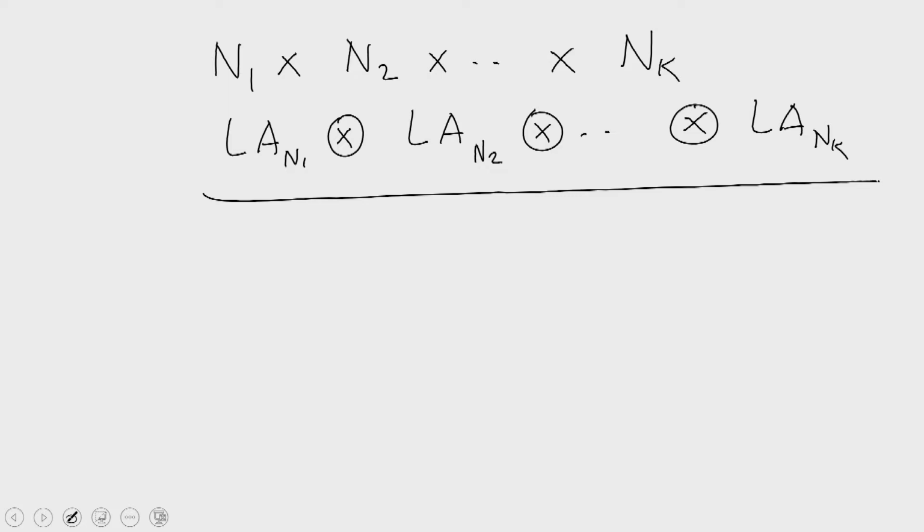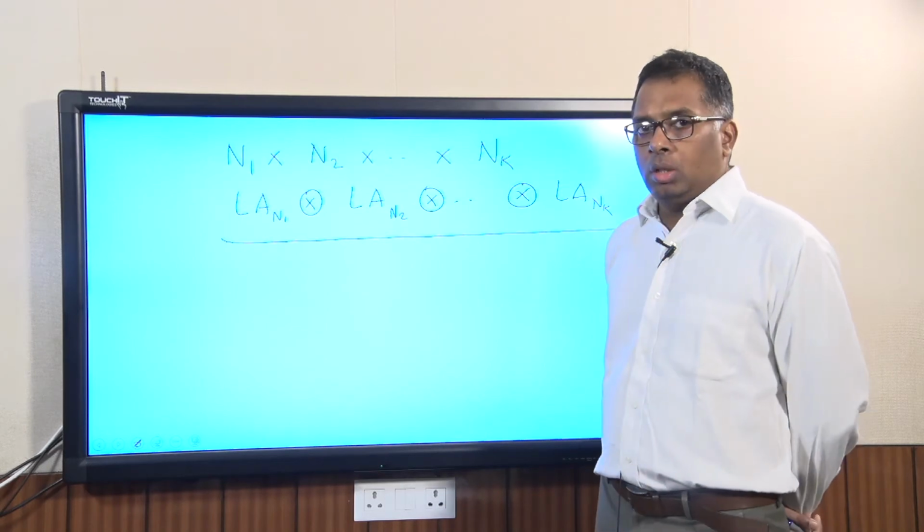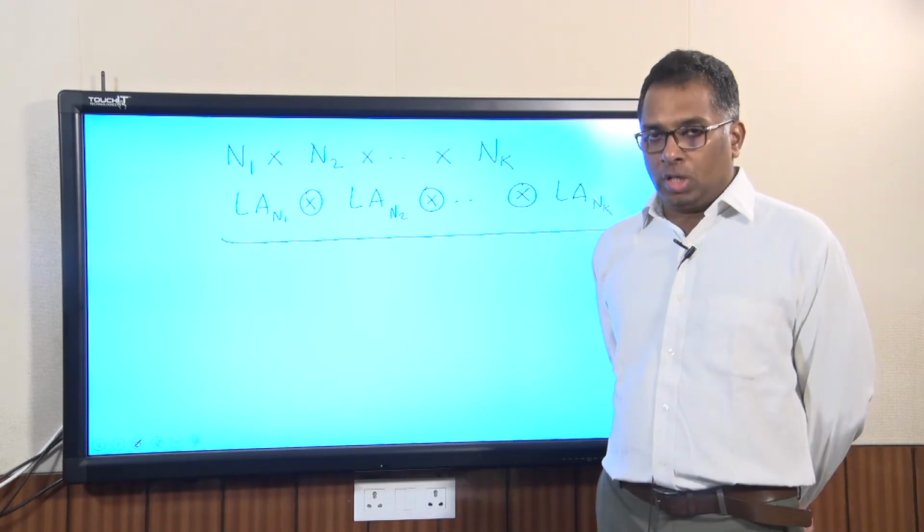So, an n1 by n2 by etc. nk mesh is nothing but the cross product of these linear arrays.